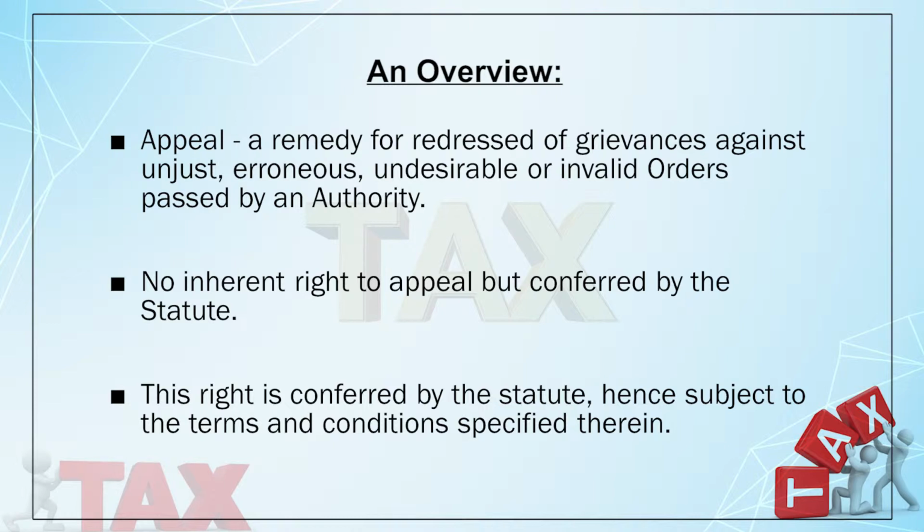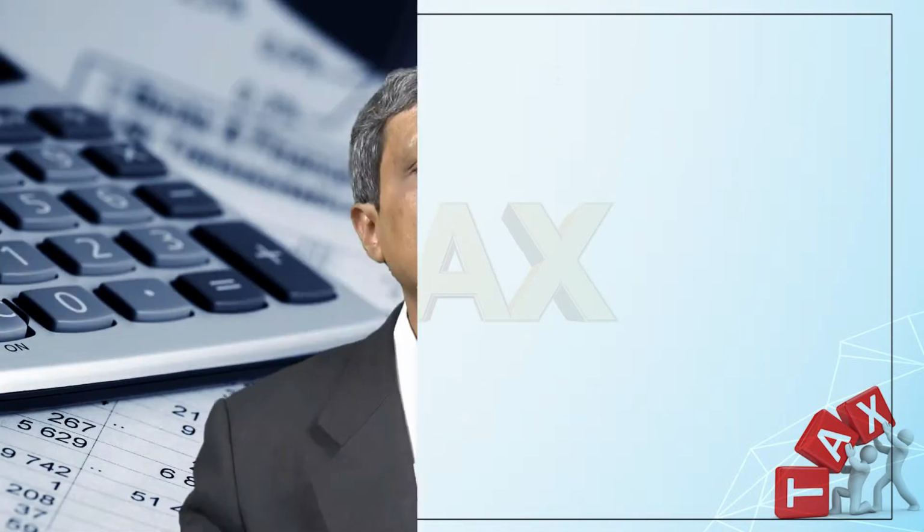But the Indian Constitution or the legal framework always provides an opportunity for the assessee to prefer an appeal before the higher authority if he or she is aggrieved with any decision of the assessing authority.